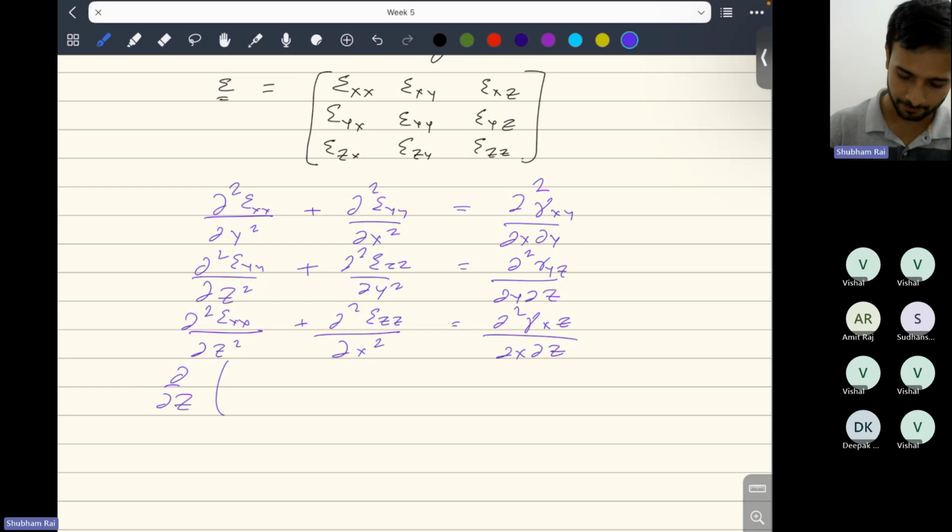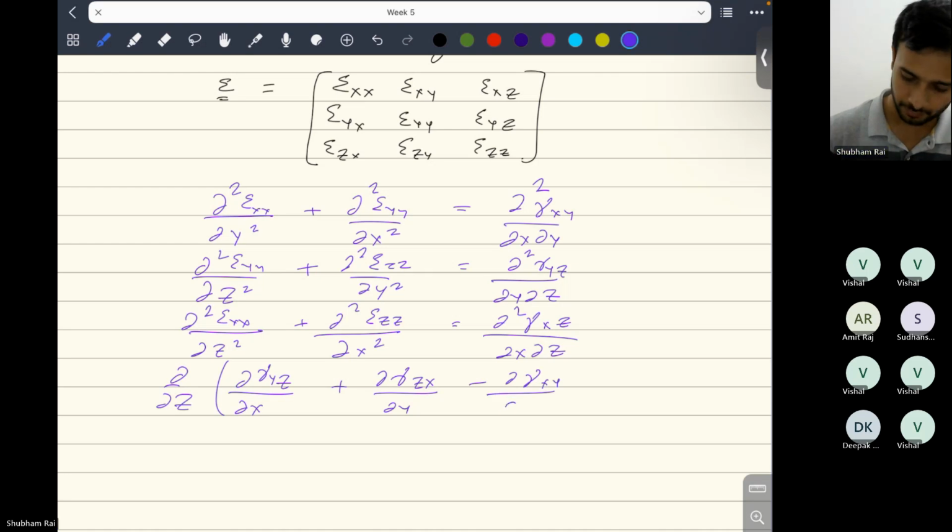So these are the first 3 compatibility conditions, and the last 3 involve differentiation of shear strains. Del by del x of del gamma yz over del x, del gamma zx over del y, del gamma xy over del z, should be equal to twice del square epsilon zz over del x del y.